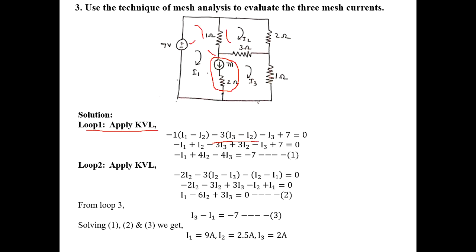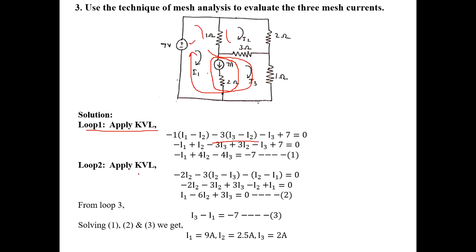This arrow is coming in this direction and then again it meets the negative of this voltage, so we can write plus 7 equal to 0. No need to consider this dependent current, and here we have to consider the current as I3, not I1. Then the remaining voltage is plus 7 equal to 0. Then we got this equation.